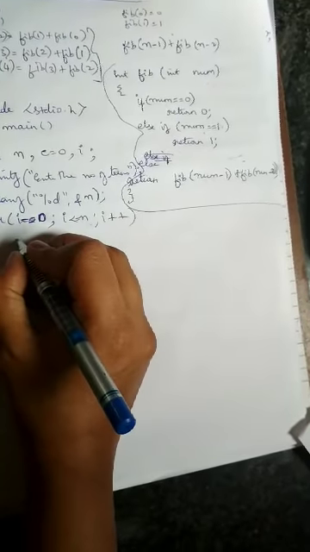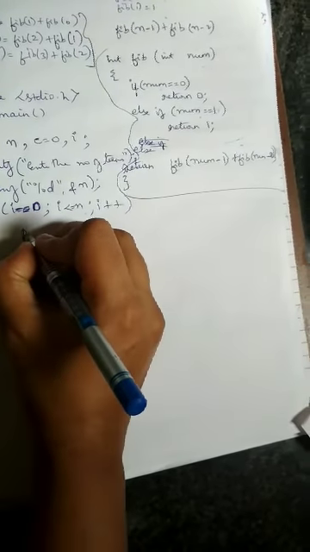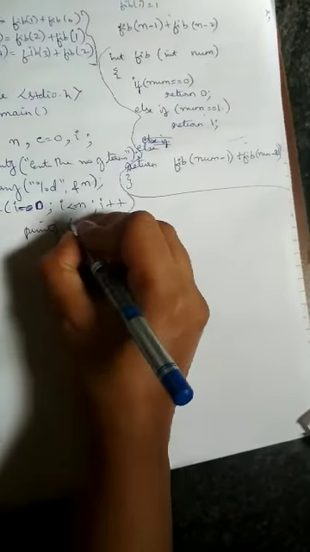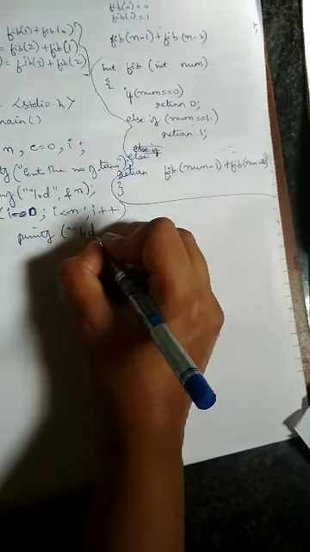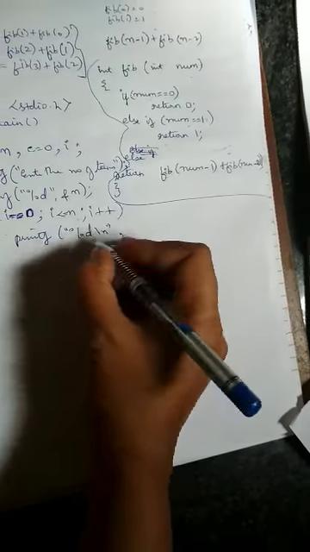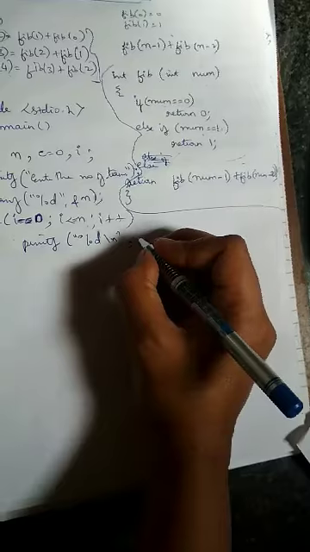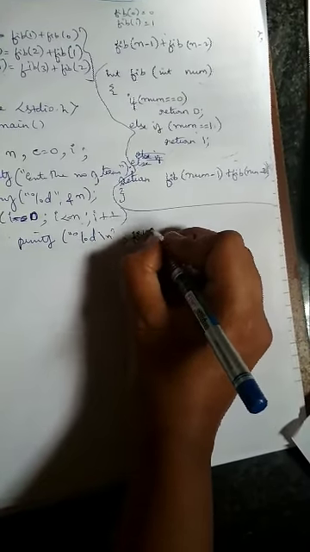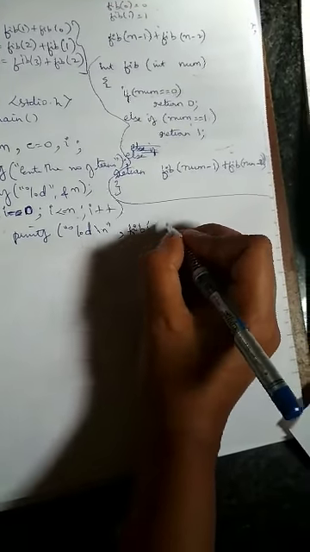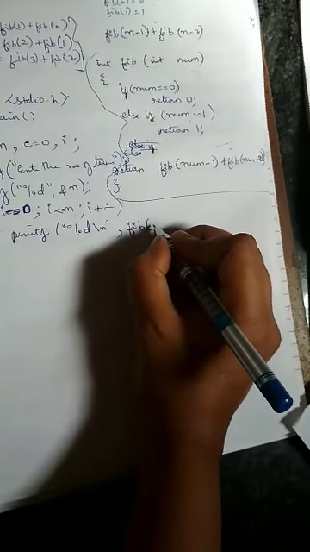Okay, so what I am supposed to do, supposed to printf, I'm supposed to call Fibonacci series. Okay, so I want to print it next line, or you can use \t and print next to this. Okay, I'm going to call fib, and now I have to send the number.